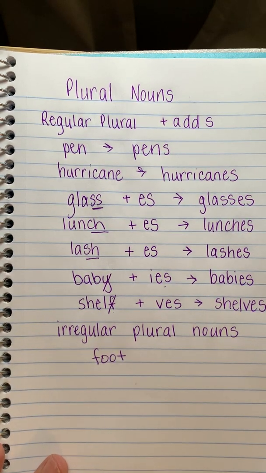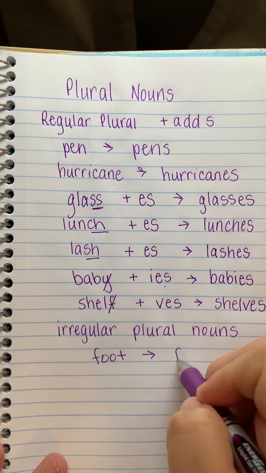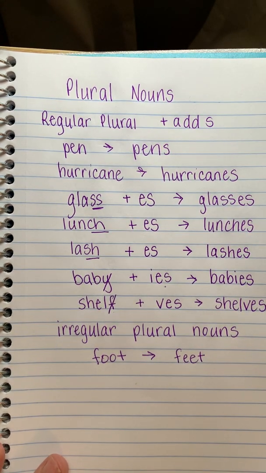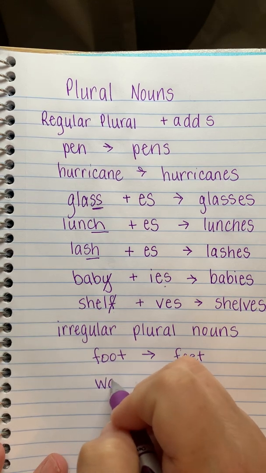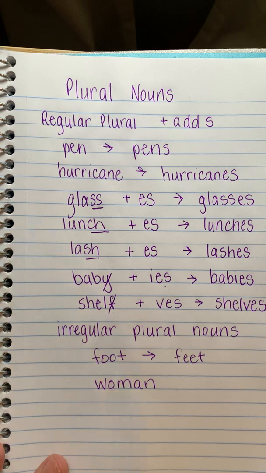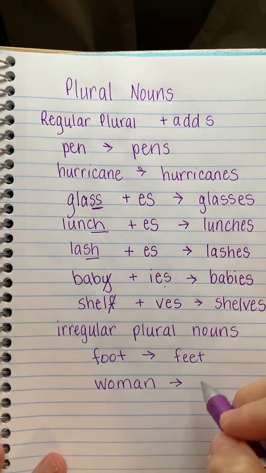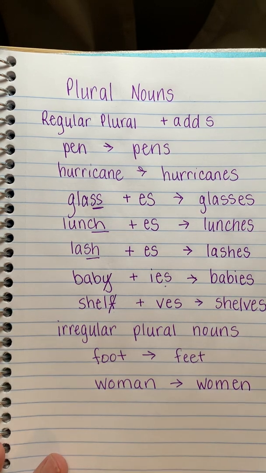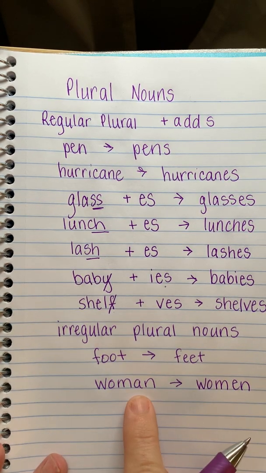We know we don't have 1 foot, we have 2 feet. Another one, woman. 1 woman was in the checkout line, and then several more women came up behind her. That becomes women. So we have a spelling change from an A here to an E.